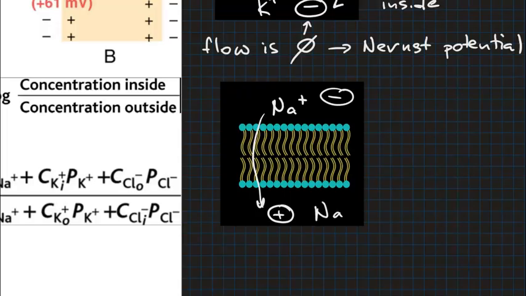So electrical forces will drive sodium back, and the Nernst potential for sodium will be positive or negative? Positive, because it's inside the cell, okay?